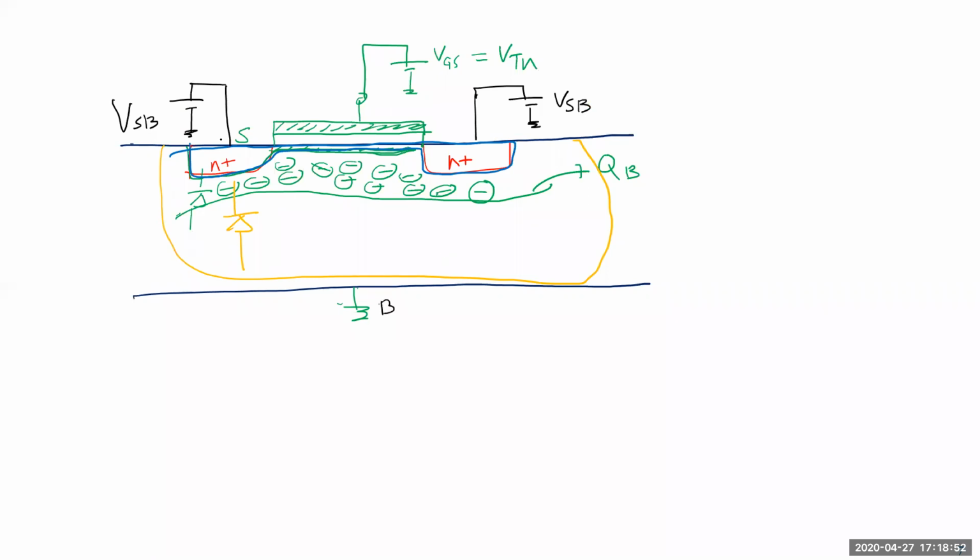It's with respect to the source, but in this case, because I'm changing the source voltage relative to the bulk, I call it VSB. This is source, this is bulk. So VSB is a positive quantity. Otherwise, if I did VBS, it would be a negative quantity. That's why we take VSB. So this is what I do. If I do this, what happens to the depletion area? Who can say this?